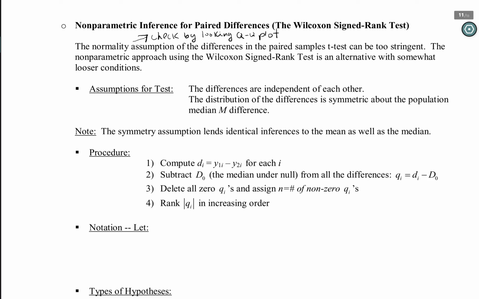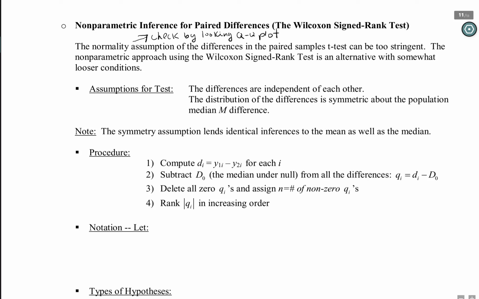alternative. So what we're going to look at here for this test, now it still has assumptions. They're a little bit looser than the paired t-test. The assumptions for this Wilcoxon signed rank test are that the differences are independent of each other, and that the distribution of the differences is symmetric about the population median M here.